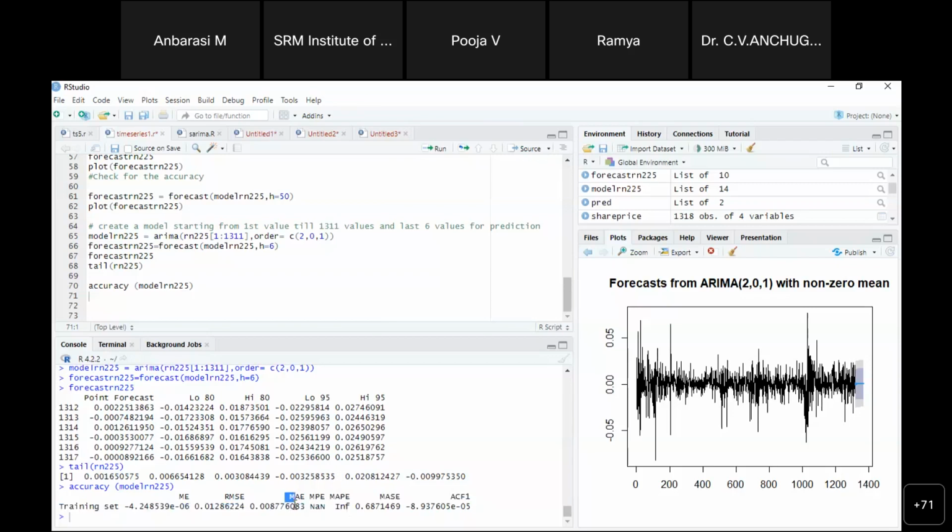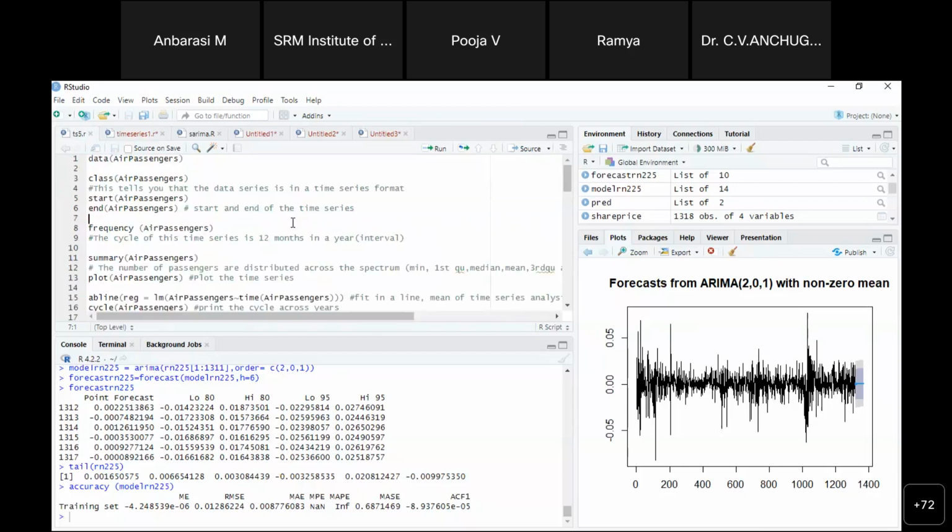And then if you want, you can also consider the mean absolute error. In this way we can find out the accuracy, so we can say that the forecast model is better.